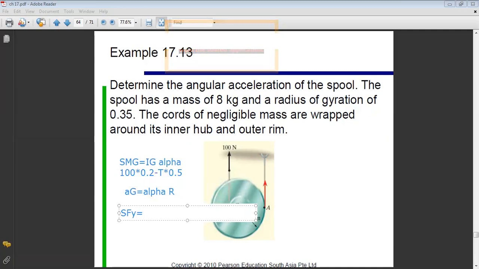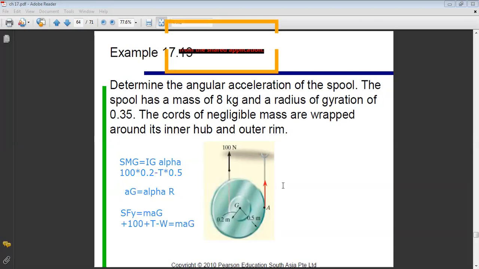Yes, it is equal to plus MAG because AGY is equal to AG. Okay? And what are forces along Y? I have plus 100 plus tension T minus weight equals to MAG.